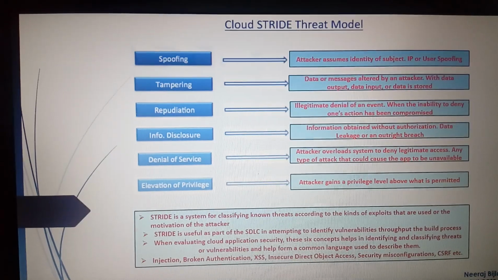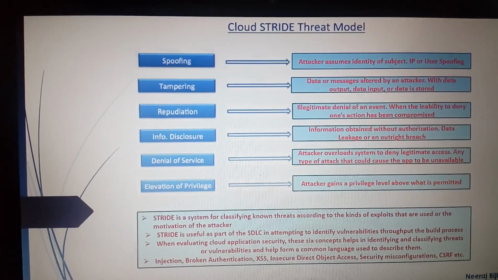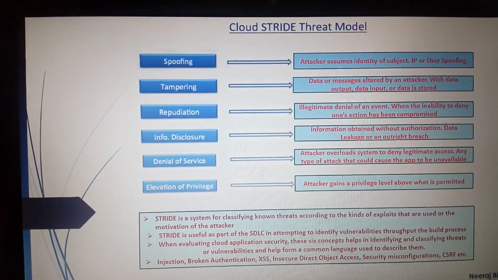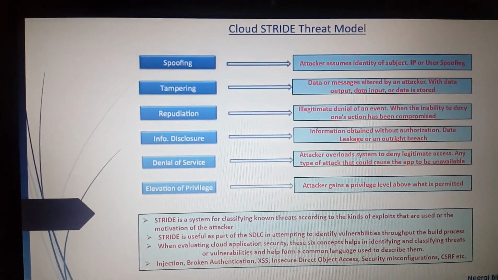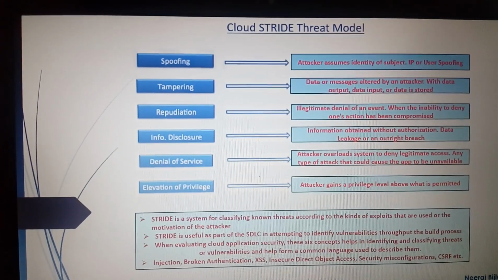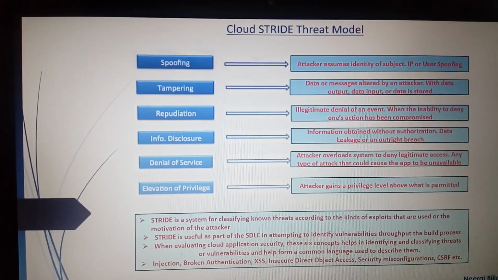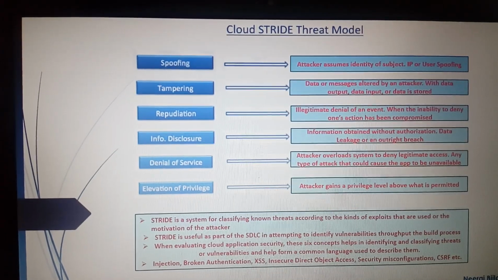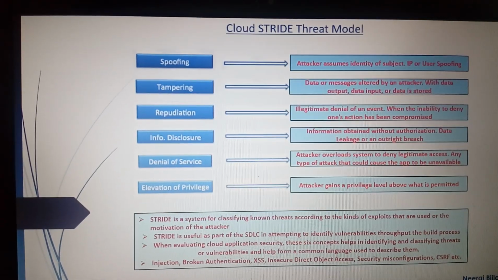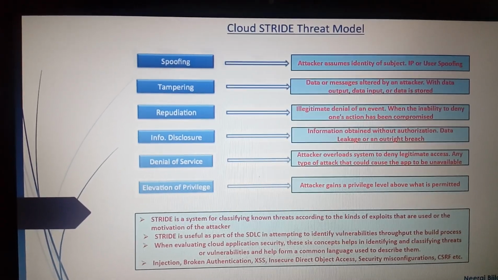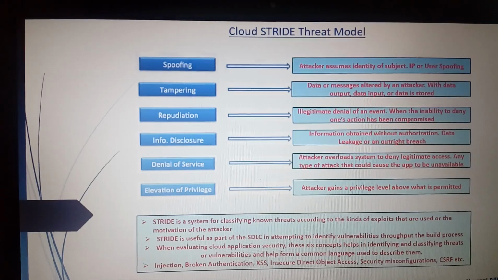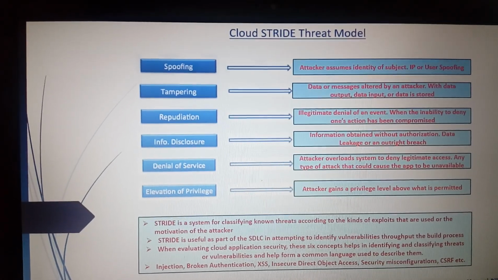Apart from that, they should keep in mind other attacks like SQL injection, OS injection, broken authentication, cross-site scripting, called XSS, insecure direct object access, security misconfigurations, and CSRF, etc. These are other threats that need to be addressed by the developer to avoid them in the applications as well, right?